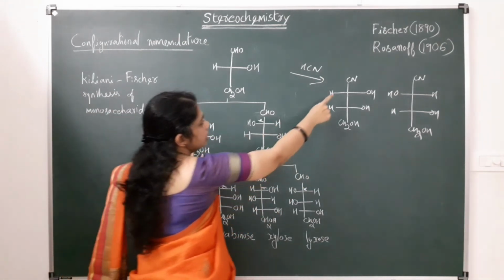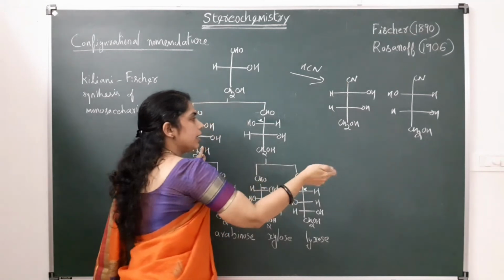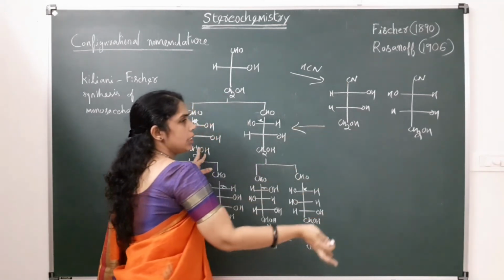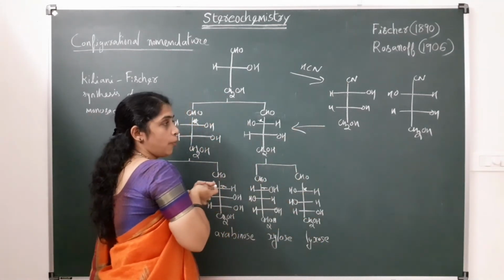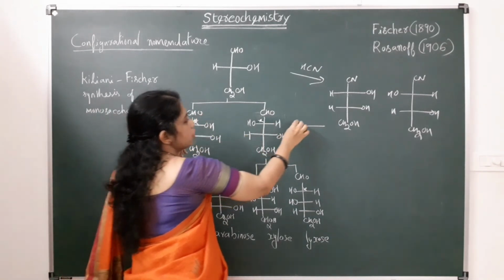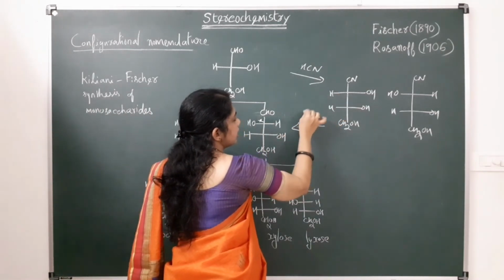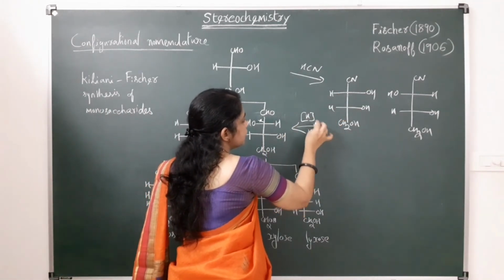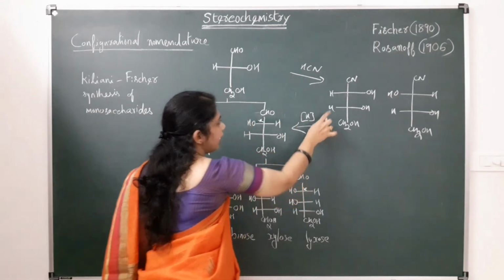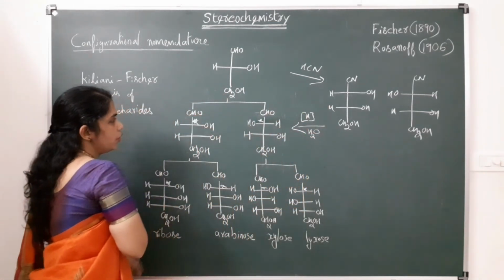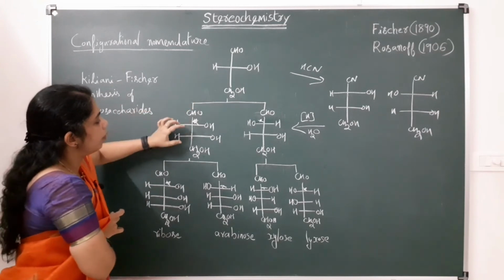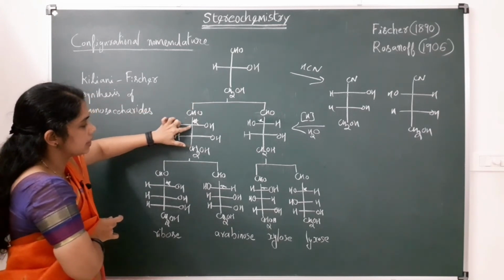Here this CN can then be converted into CHO through proper reactions. That is, the CN is converted into CHO by reduction followed by hydrolysis. So it is the same molecule but one new asymmetric center is created here.